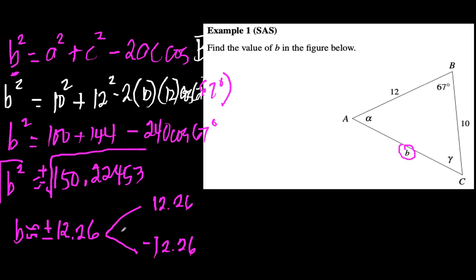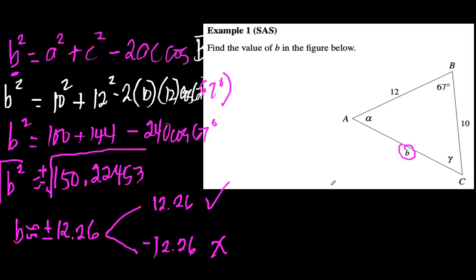But in algebra, we need to consider these two, such that we can check afterwards which answer will be accepted and which one will be rejected. That's correct. So this will be accepted and this will be rejected. Why? Because we are dealing with sides. There are no negative sides in trigonometry.